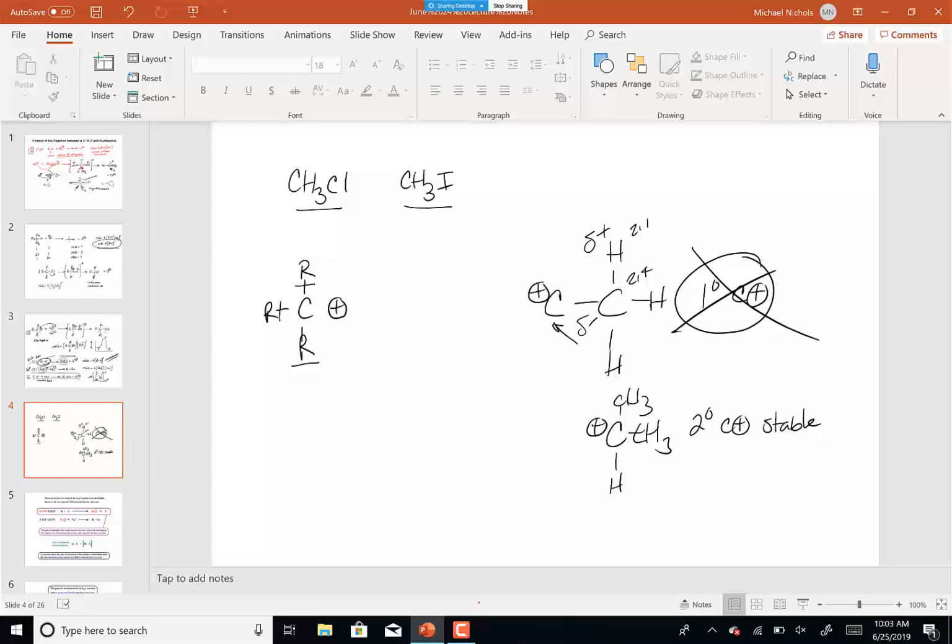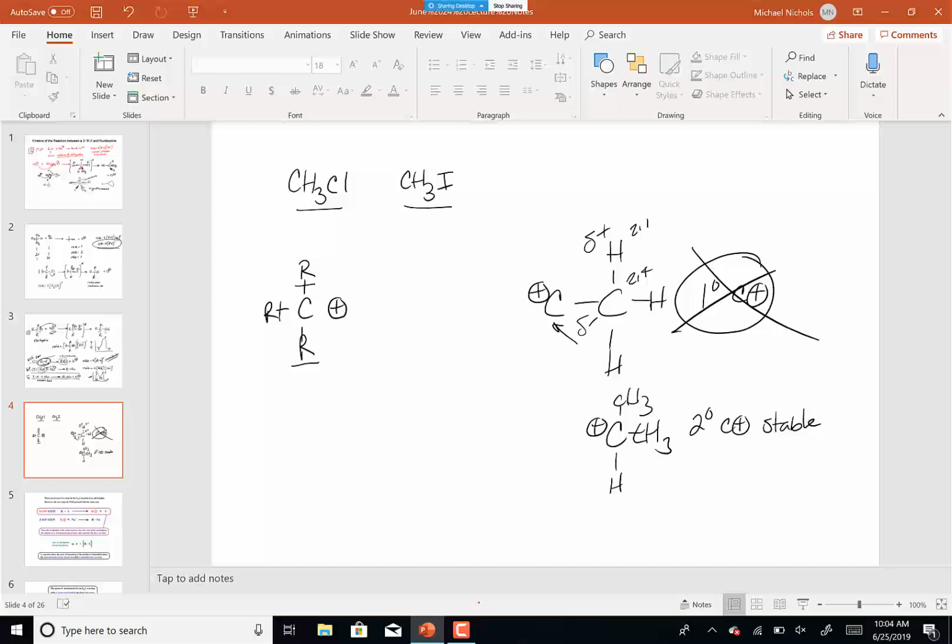Can they exist in a high energy environment like the gas phase with a lot of heat? Yes. And that's what happens in mass spectrometry. But we're talking about solution reactions. So primary carbocations don't form. Secondary carbocations can form. What would be better?